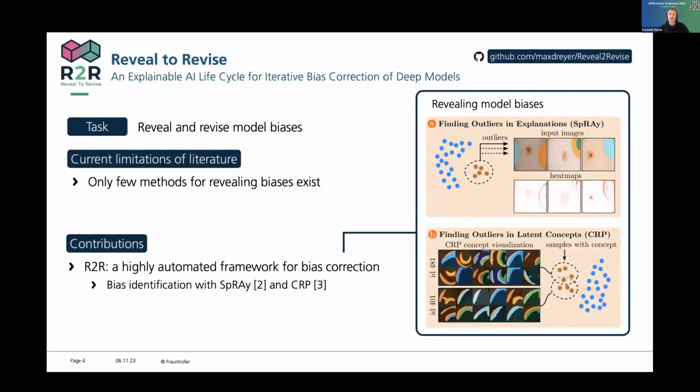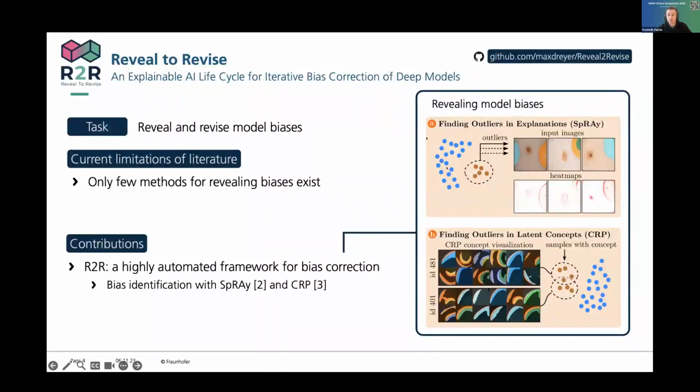And for each sample, we make a prediction and compute those attribution heat maps. So we have a large number of local attributions, and then we can perform clustering on those attribution heat maps. And what this gives us is basically different clusters of explanations, which are clusters of prediction strategies employed by the model. And what we're looking for are outlier clusters, as here in this example.